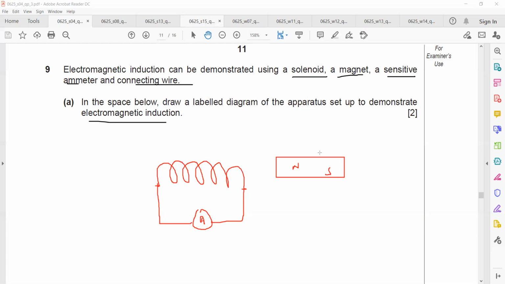It should be labeled: magnet, solenoid, sensitive ammeter, and the connection leads or connecting wires.